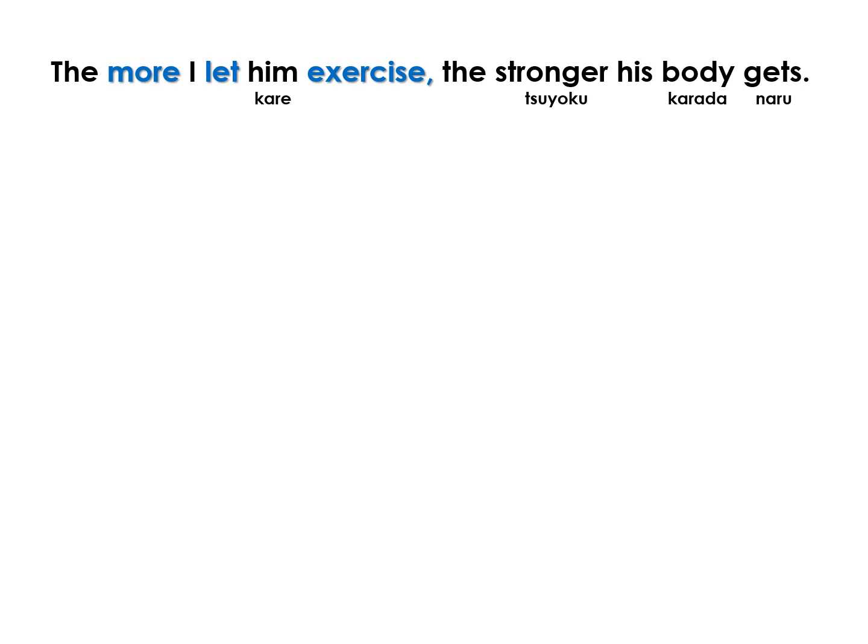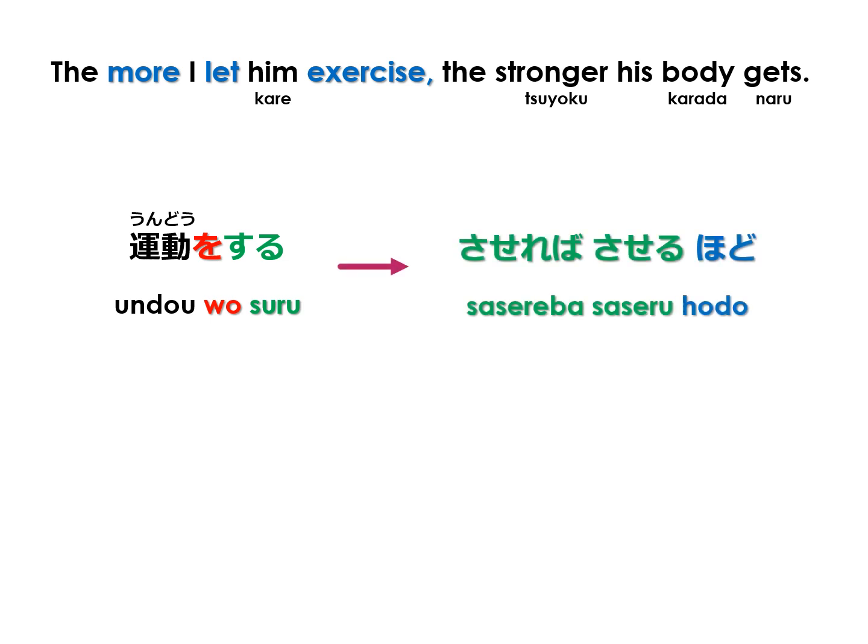The more I let him exercise, the stronger his body gets. Our verb is a combination of causative and the more the なんとかなんとか conjugation. To exercise is 運動する or 運動をする. Let's use 運動をする here. So we conjugate the suru part, that turns to させる, then combine with the more the conjugation, we get させればさせるほど.